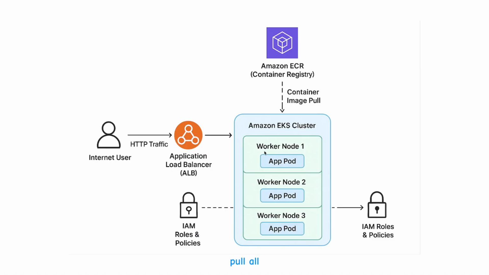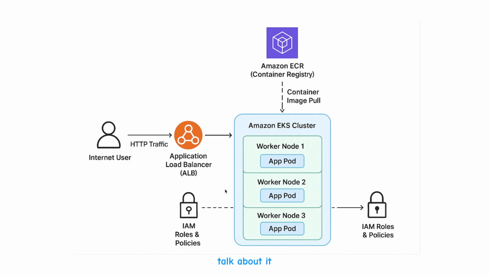Now worker nodes pull container images from ECR. The application pod processes the request and returns a response. Now IAM policies authenticate every cross-service interaction. These steps give a highly available, scalable, and secure application platform that automatically handles traffic spikes and failures.